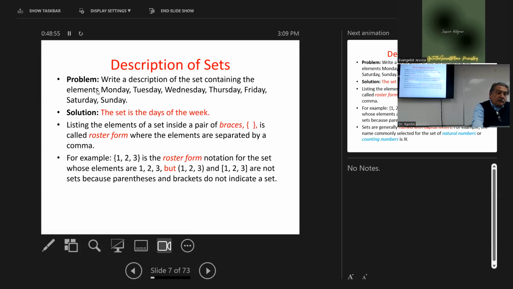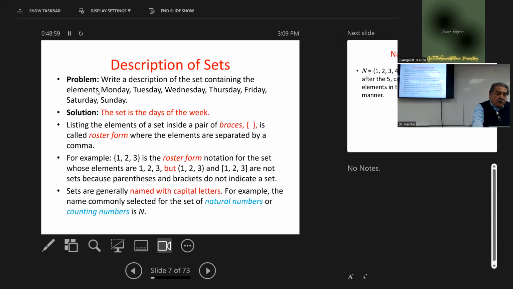Parentheses do not indicate a set. And a set is generally named with a capital letter. For example, a set of natural numbers is usually called by a capital N.